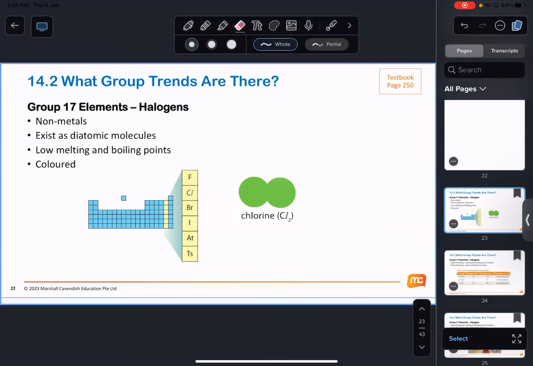I short form it as IMFA. Small amount of energy is required to overcome these weak intermolecular forces of attraction, therefore low melting and boiling point. Very sequential, the explanation.